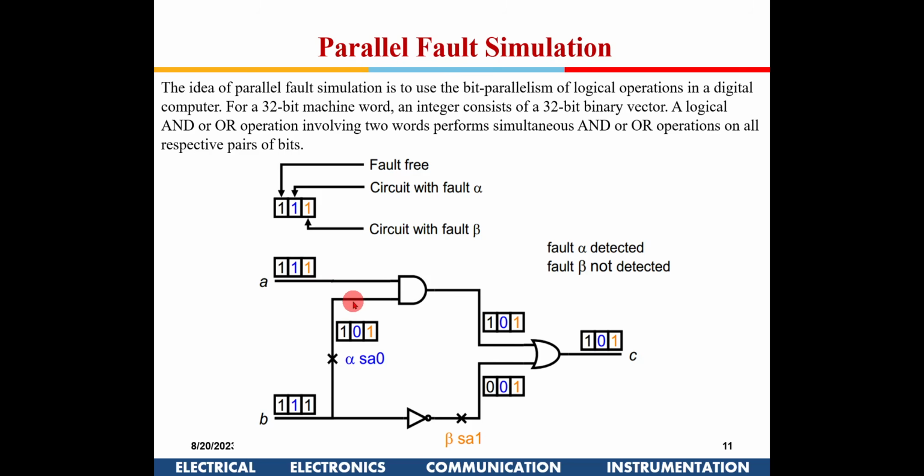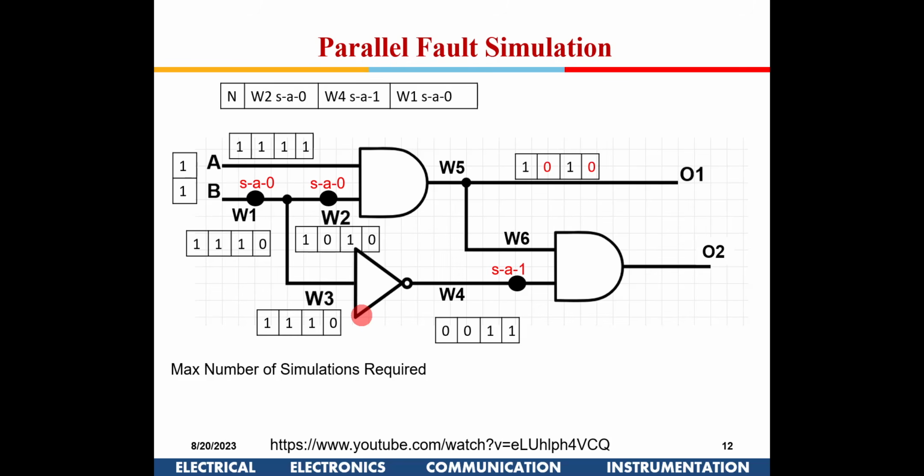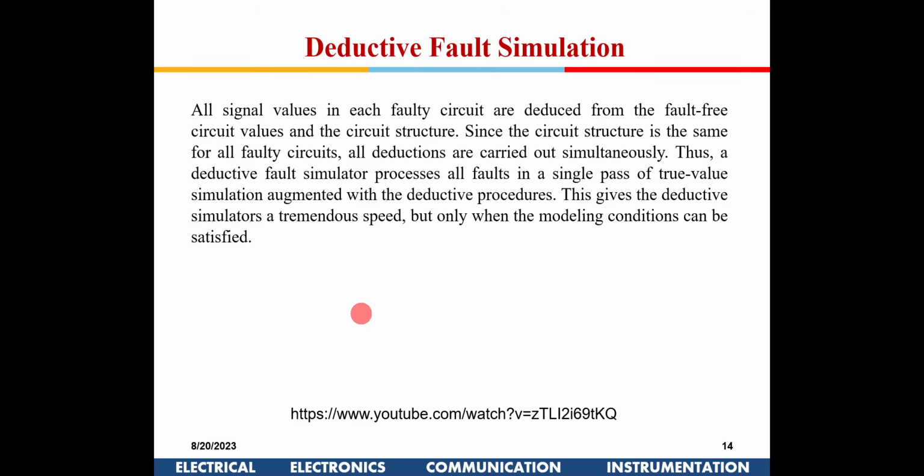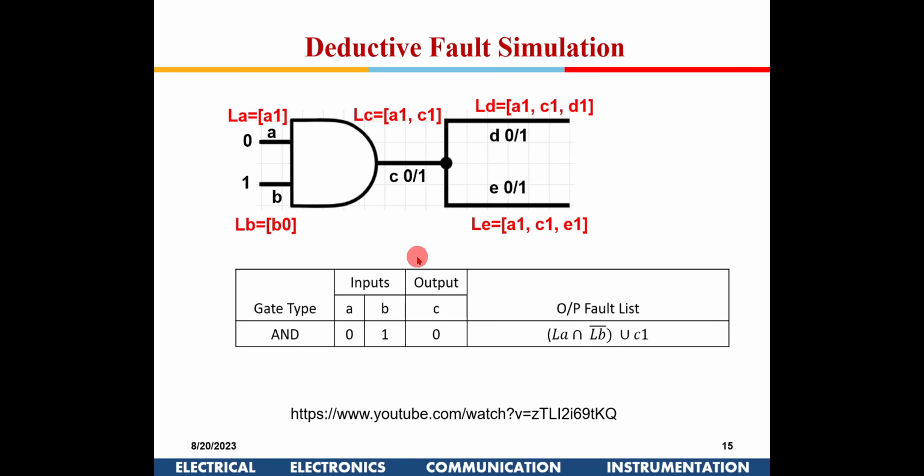So it depends on the register size or the bit size of the CPU. Now we have another algorithm, where for a particular test vector, all the faults applicable to that test vector are handled in a single run. So this is pretty fast. How it does this, I will explain in the subsequent slides.